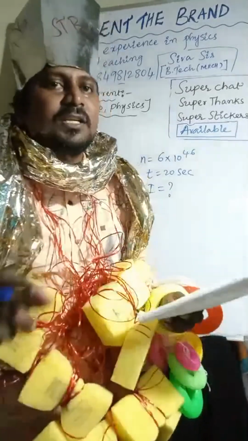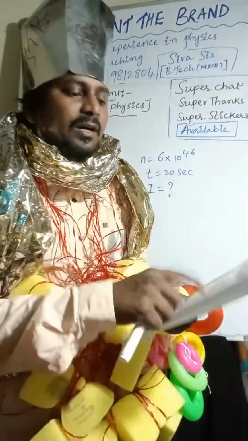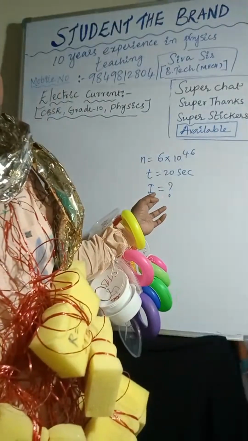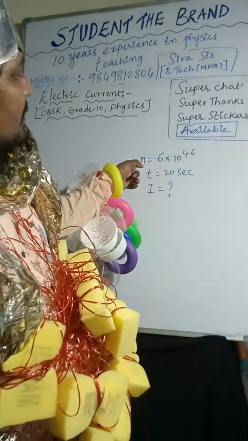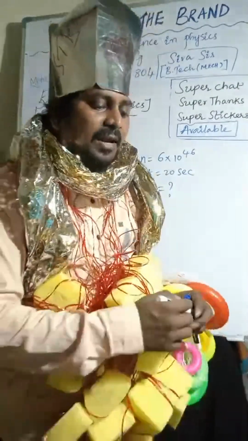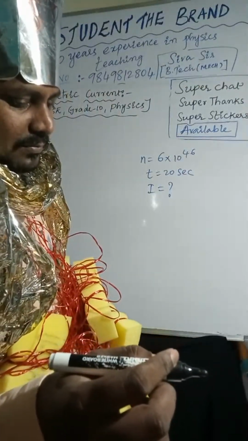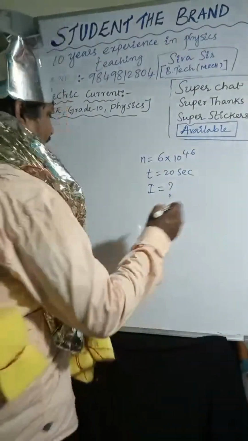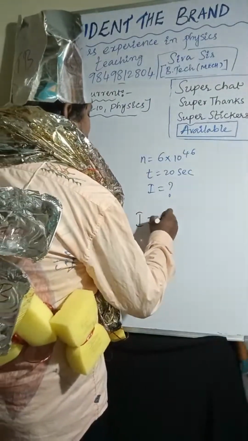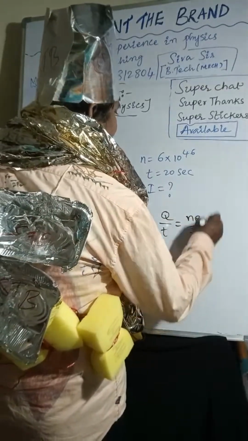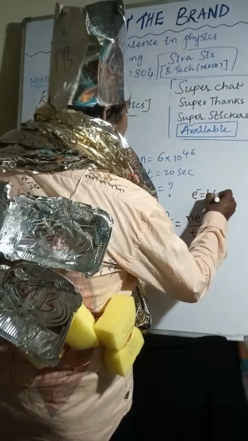So in the question, electrons are given, time is given, and current we have to find out. We know the formula I equal to Q by T, that is N e by T. One electron has 1.6 into 10 power minus 19 coulomb.